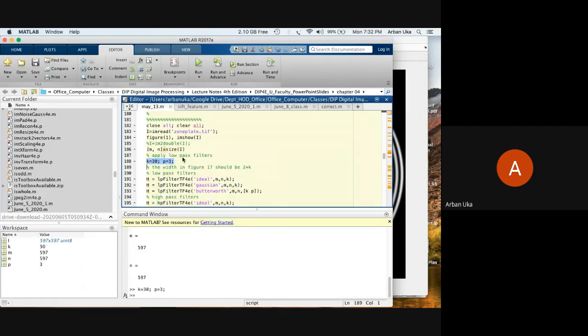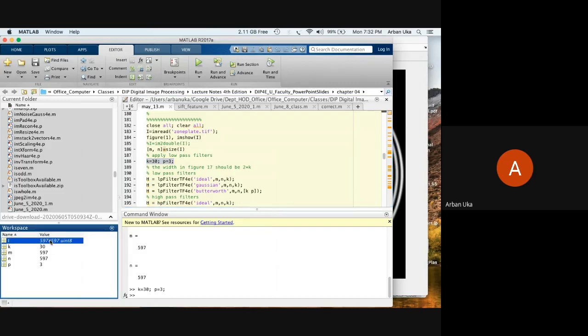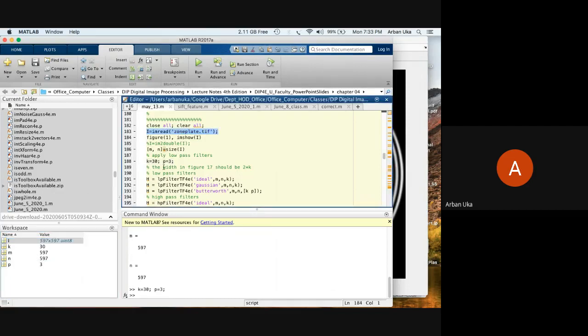We first read the size of the image I, m and n, which are equal to 597 by 597, but this is something we could also see right away at the size of this I, which we read using line 183. Then we need the values of k and p, because k and p are the parameters which can be used for the Butterworth filter.